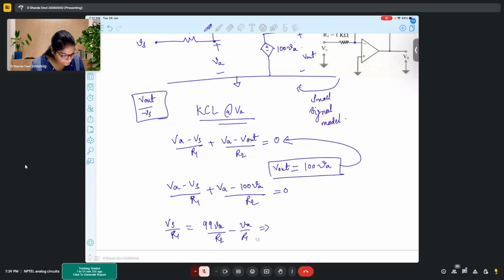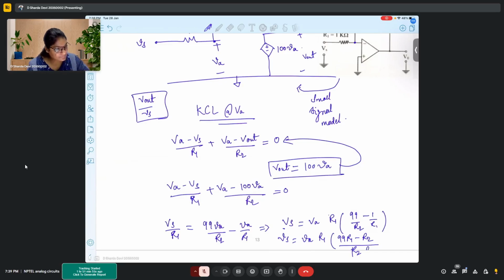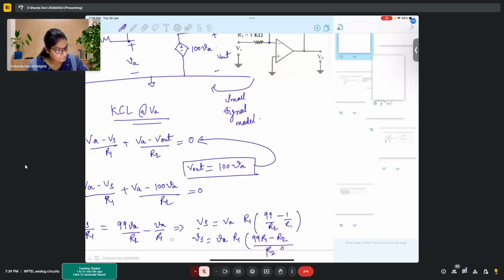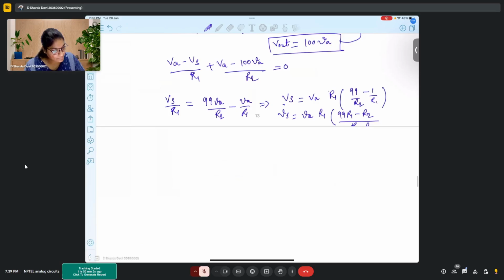So VS equal to VA times (99 R1 minus R2) by (R2 R1).